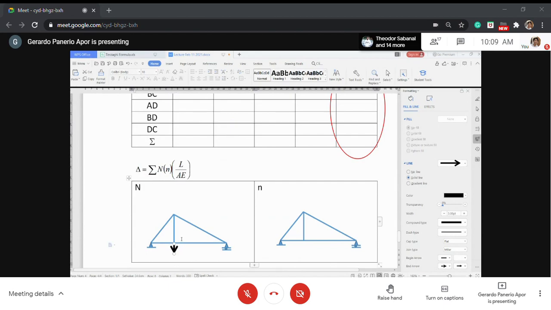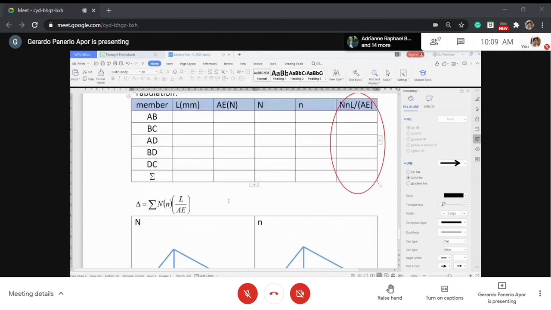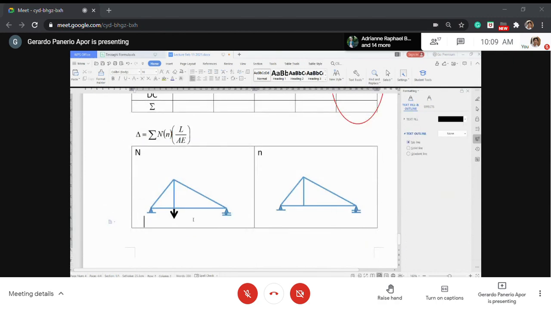Okay, I will have a 50 kilonewton load here. But when I am interested in small n, I will apply a unit load here. 1.